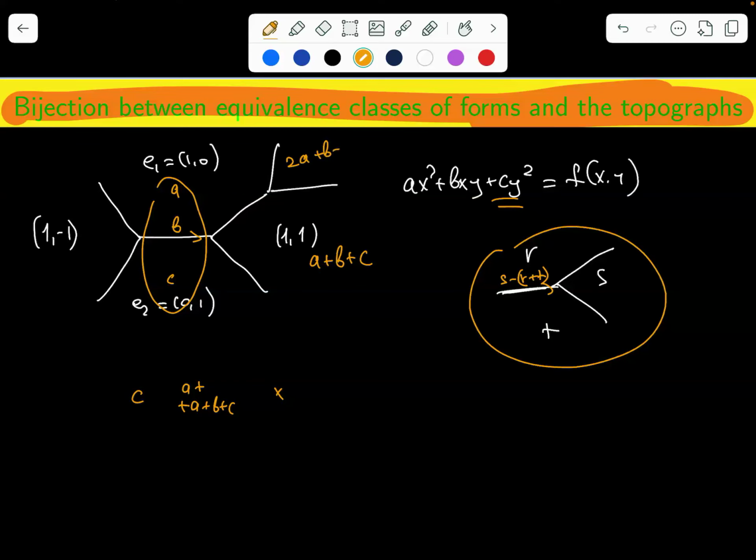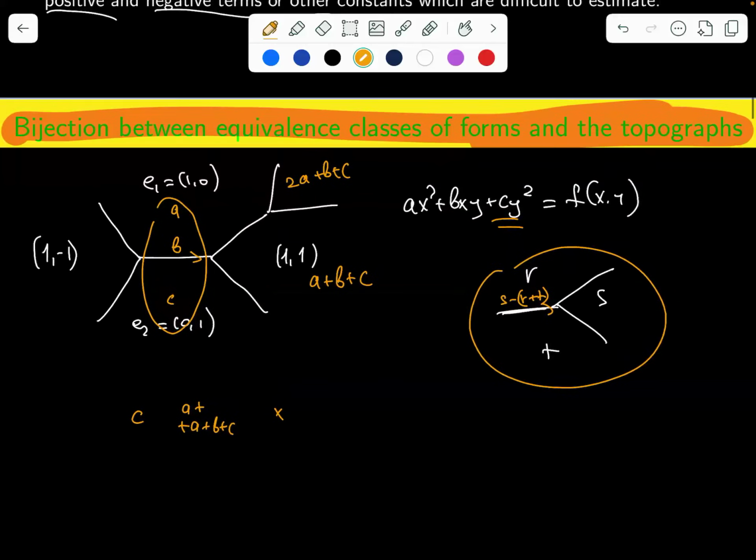They form the arithmetic progression. Or maybe something is wrong: 4A plus 2B plus C. Right, so let's compute it. X plus C should be equal to twice A plus B plus C, right? So it's 4A plus 2B plus C. Good.